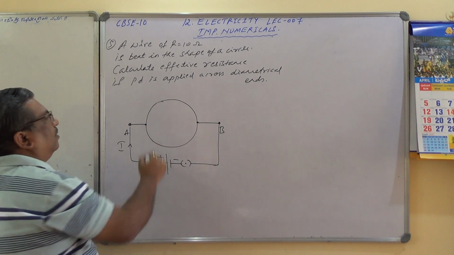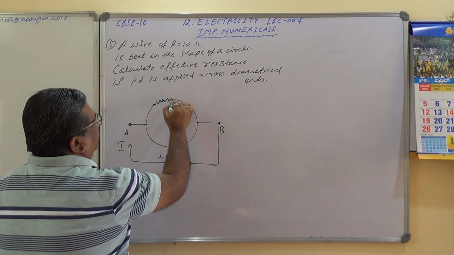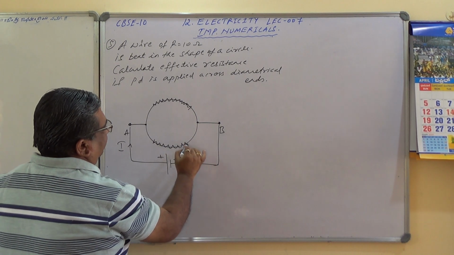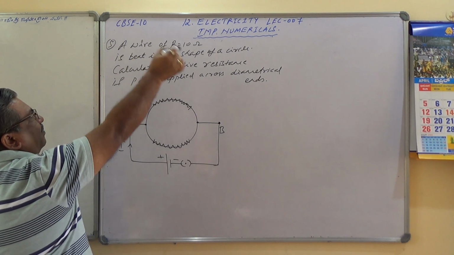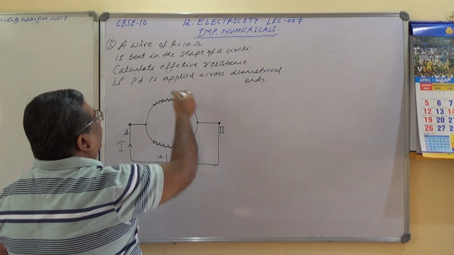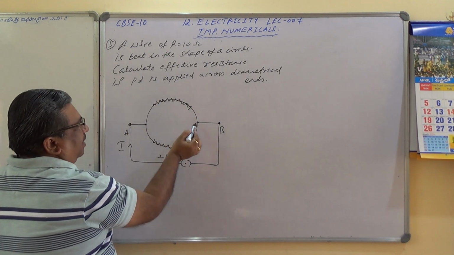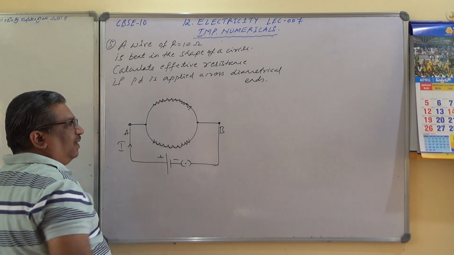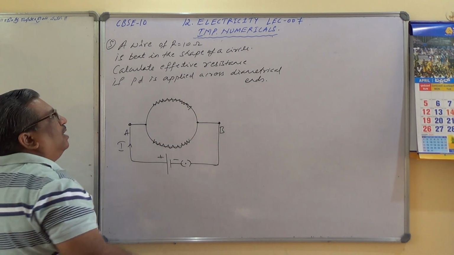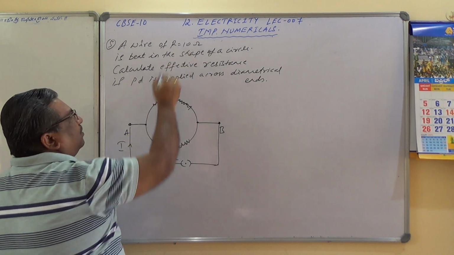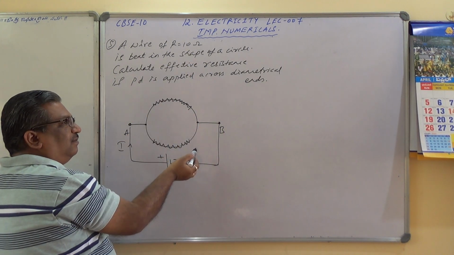Okay. Now, this is having a resistance, and this is having a resistance here. If the wire is bent in the shape of a circle, from here to here half the length, from here to here half the length, put together L basically. So, what is the resistance of this half? Half of the original value, because length is half.